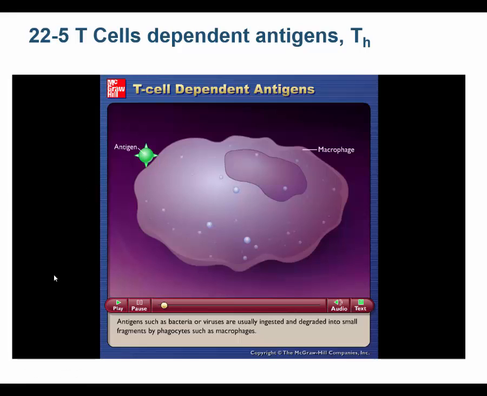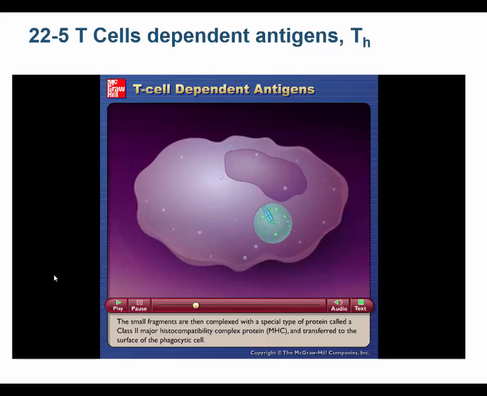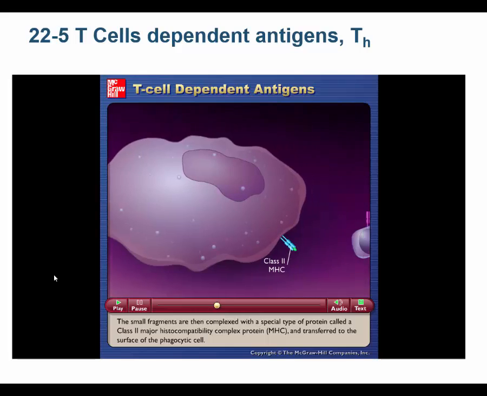Antigens, such as bacteria or viruses, are usually ingested and degraded into small fragments by phagocytes such as macrophages. The small fragments are then complexed with a special type of protein called a class 2 major histocompatibility complex protein, MHC, and transferred to the surface of the phagocytic cell.